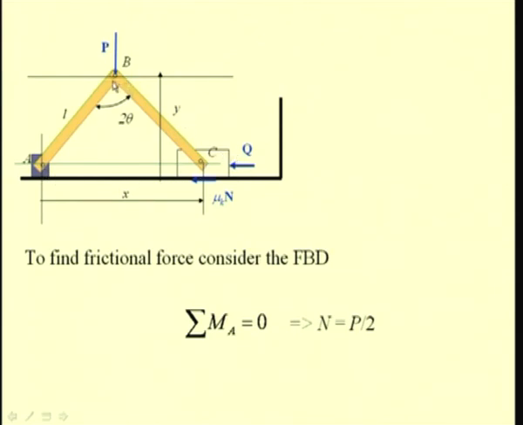So, when we sum this and equate it to 0, we have P times this distance, that is x by 2, is equal to the normal reaction N times x, and from this we have this normal reaction N as P by 2.